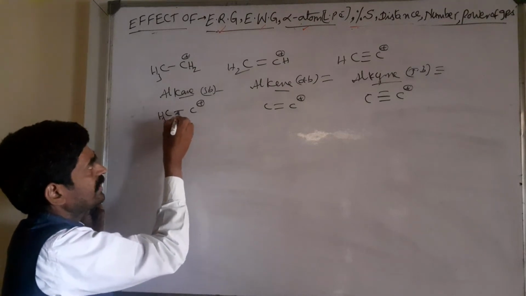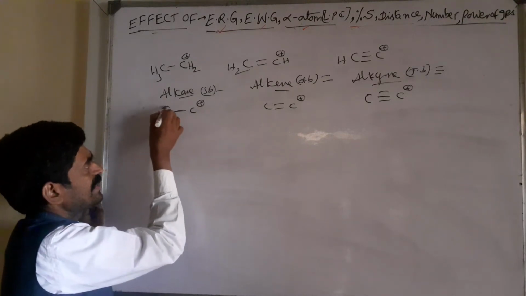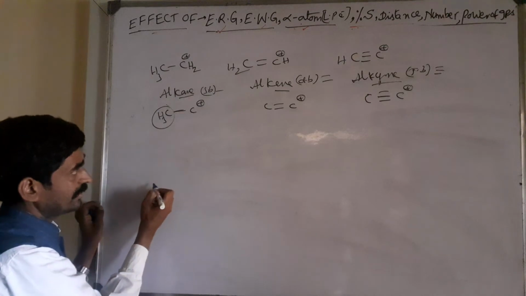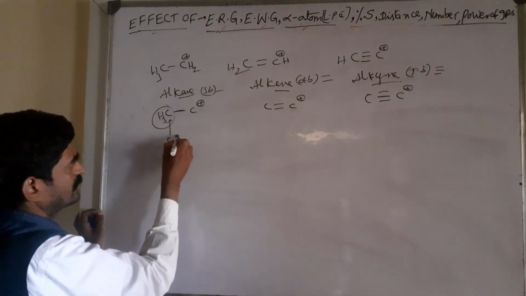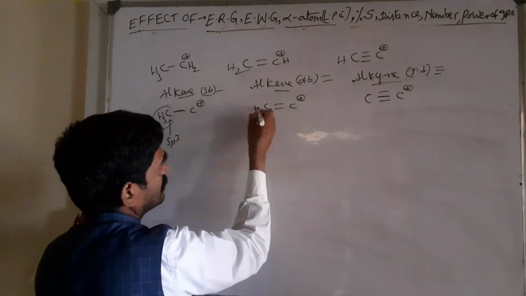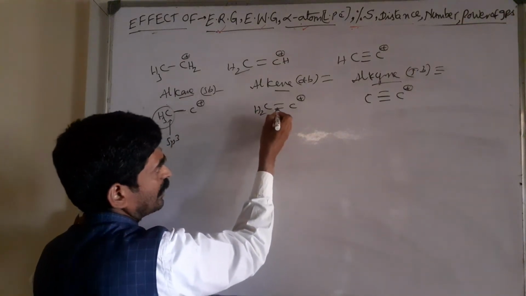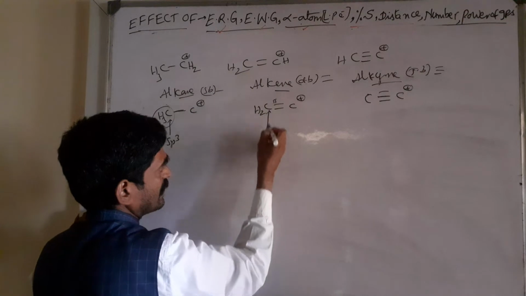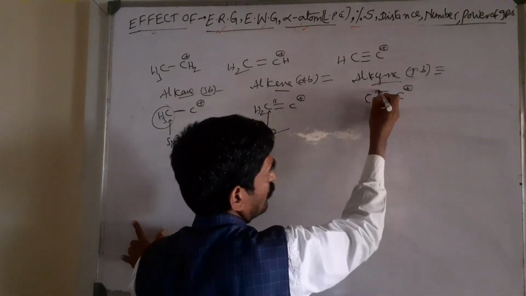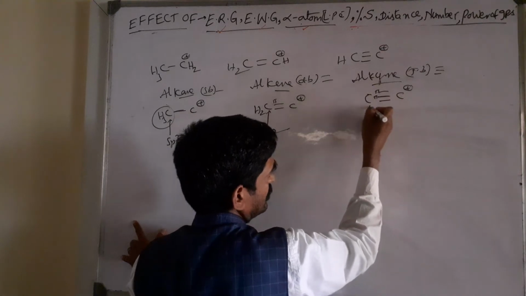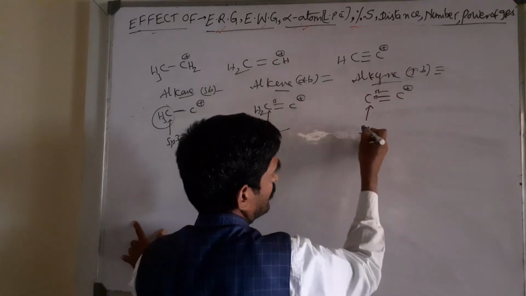With respect to this one, this is a releasing group, right? Here this carbon undergoes sp3 hybridization, and here this carbon has a carbon double bond, one pi bond is present, so this carbon undergoes sp2 hybridization. Here 2 pi bonds are present, so that's why this carbon undergoes sp hybridization.